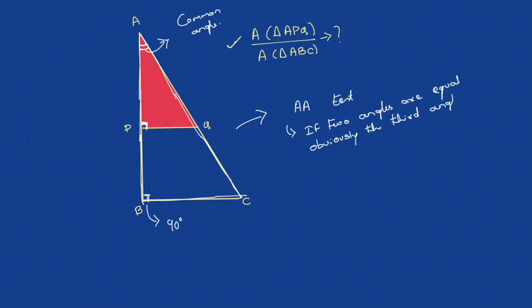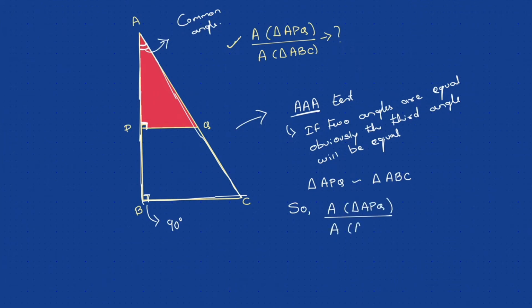Because both are 90, and angle A is the same angle in both triangles APQ and ABC, so that's a common angle. Obviously that has to be equal. Two angles are proved to be equal. Obviously the third angle will be equal, right? Because the sum of the angles of a triangle is 180. The third angle has to be equal, which means I proved triangle APQ is similar to triangle ABC by the AA test. Now everything that is a result of similarity will be followed here.